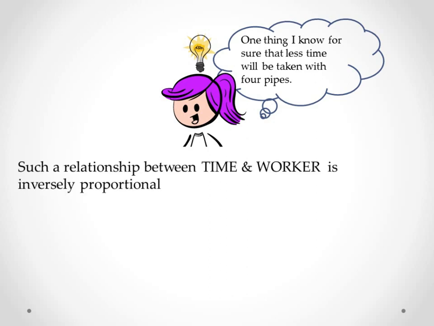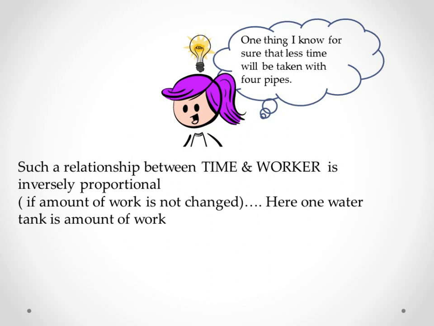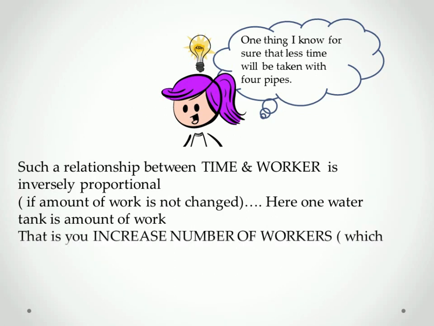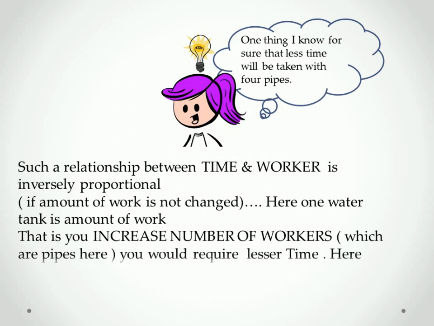Such a relationship between time and workers is inversely proportional if the amount of work is not changed. Here 1 water tank is the amount of work, and the number of workers are the pipes. That is, if you increase the number of workers, which are pipes here, you would require lesser time. Here work is filling the tank.